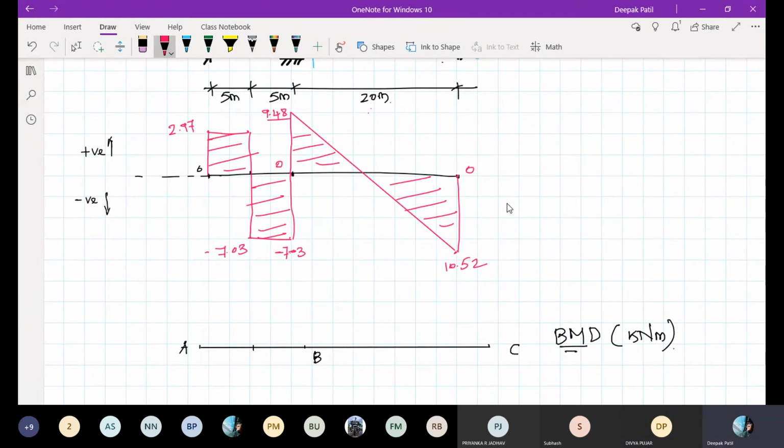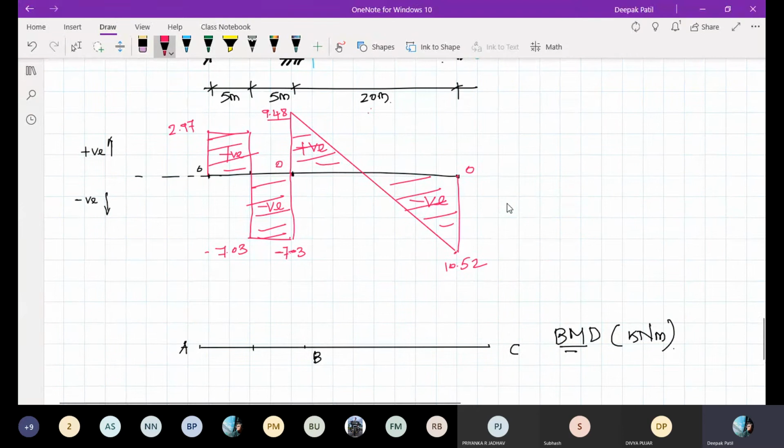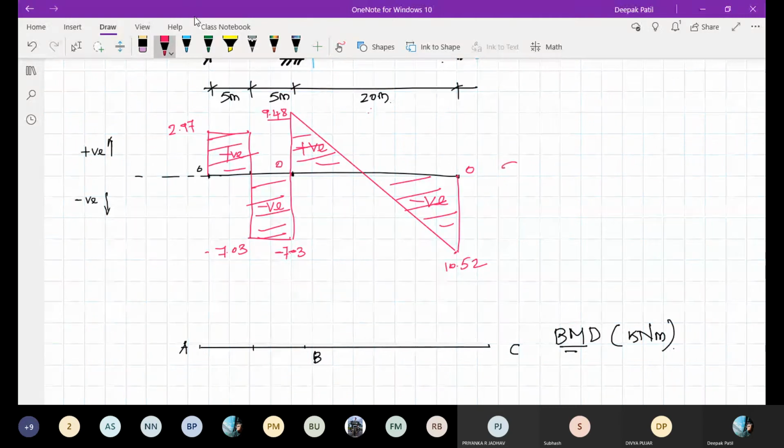Okay, so now this is positive shear force, this is negative shear force, this is once again positive shear force, and this is once again negative shear force. So this diagram, we call it the shear force diagram.